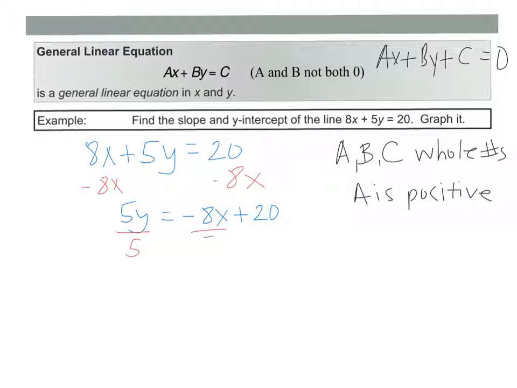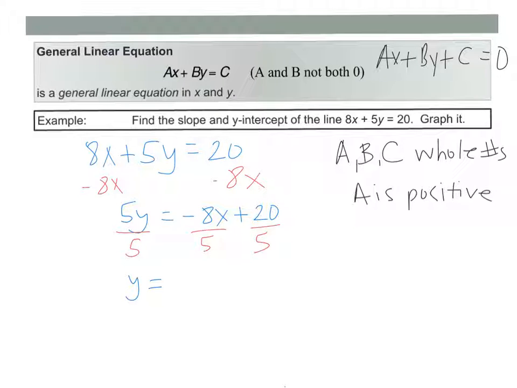Now here, this is the only part that people sometimes get mixed up with. You do have to divide everything by 5, all the terms. So I end up with y equals, and don't turn this into a decimal, please. Leave it as a fraction. You shouldn't be using your calculator right now. And it's easier to work with a fraction when you're dealing with slope anyway, because it's rise and run.